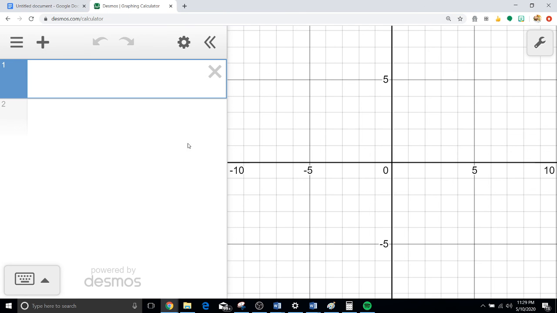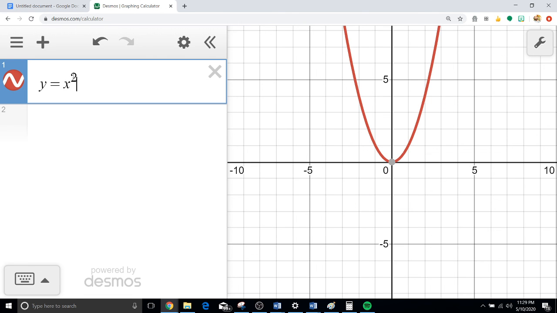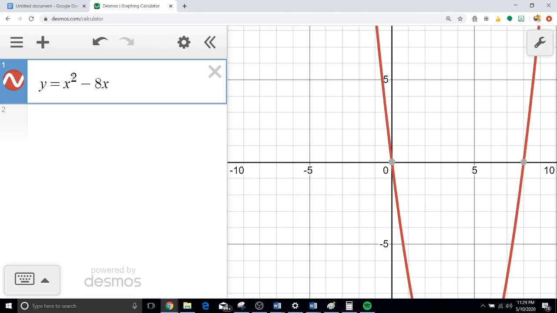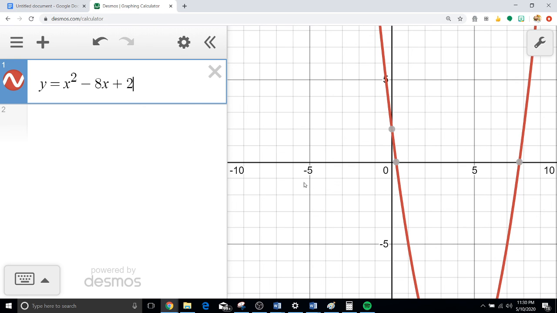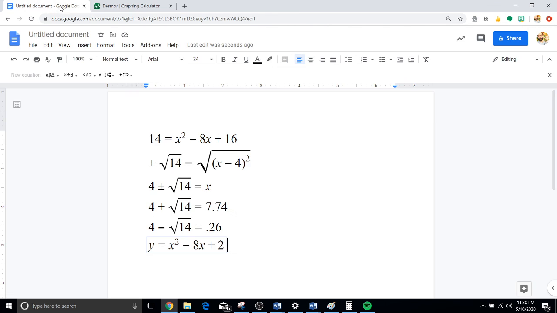So here's our handy dandy Desmos. y equals x squared minus 8x plus 2. And you can see it is a parabola where one of our roots is approximately 0.26 and the other one is approximately 7.74, which is exactly what we got.